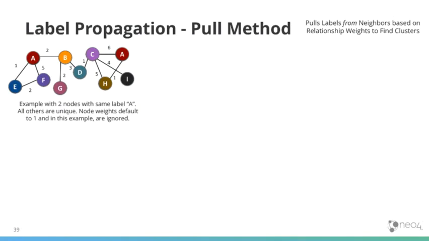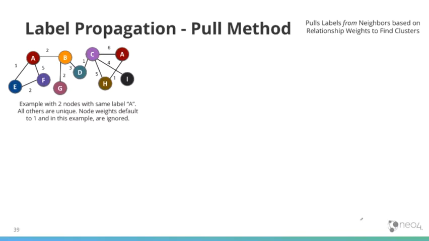In Neo4j, we use the poll or voting mechanism for label propagation. It initializes with every node having a unique label if you're doing unsupervised learning. But since label propagation also lends itself really well to semi-supervised learning, we can use a seed process for pre-assigning node labels that we know are predictive.